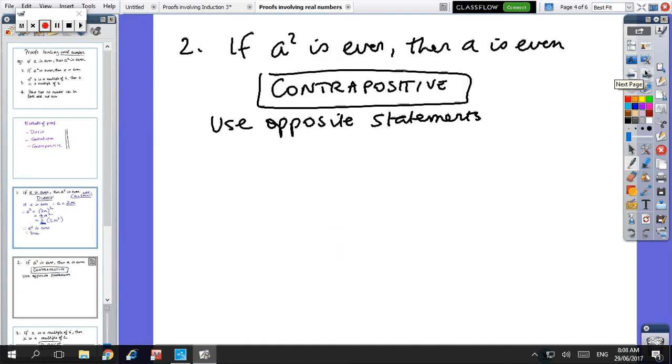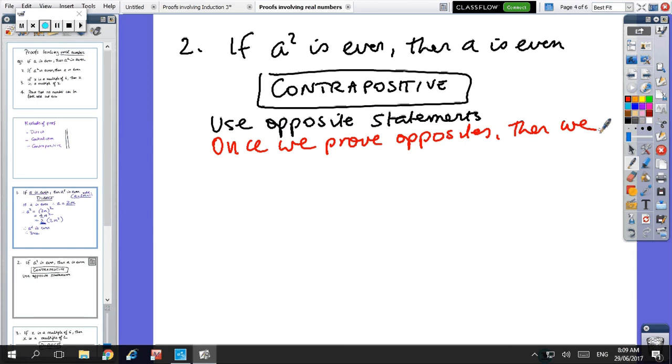Okay, so the next one we're going to do is one with the opposite and the contradiction. We're going to use contrapositive. So when we're going to use the contrapositive, by using opposite statements, once we prove the opposite, then we prove the original.